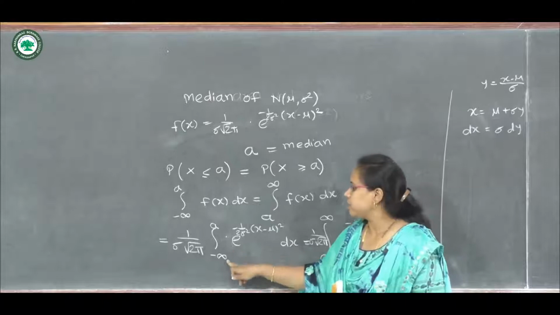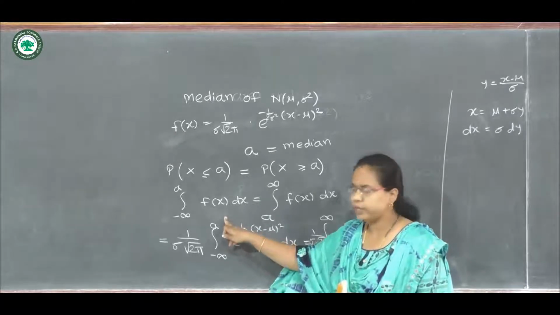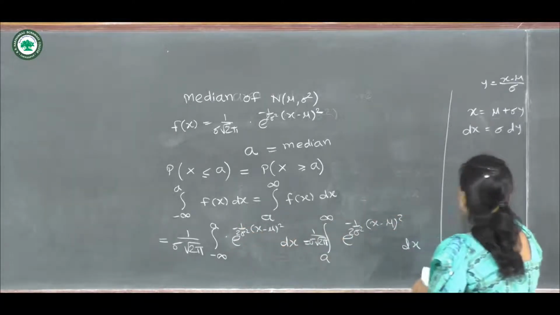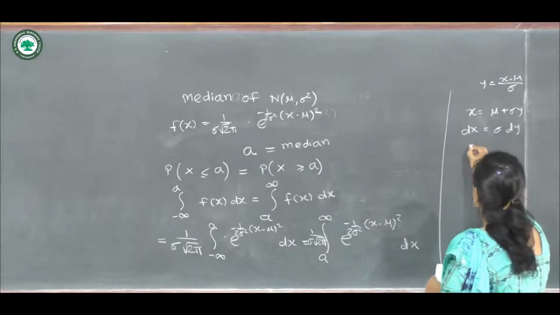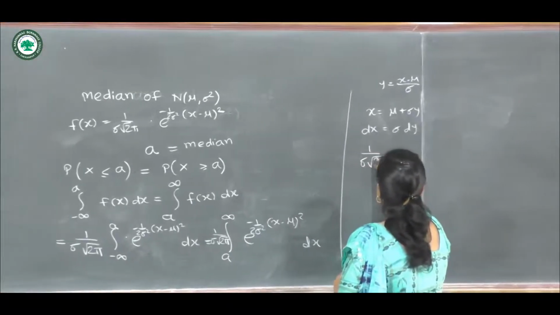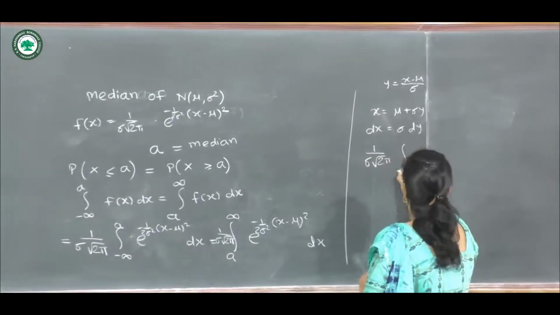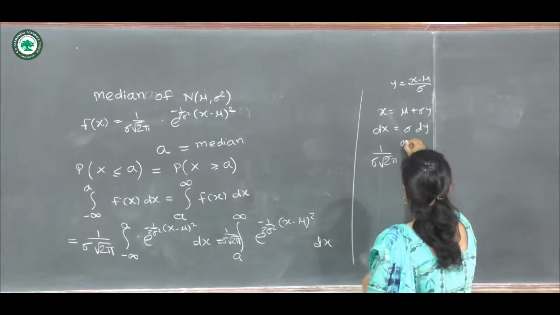Range of x is here from minus infinity to A, so range of y will be from minus infinity to A minus mu upon sigma.